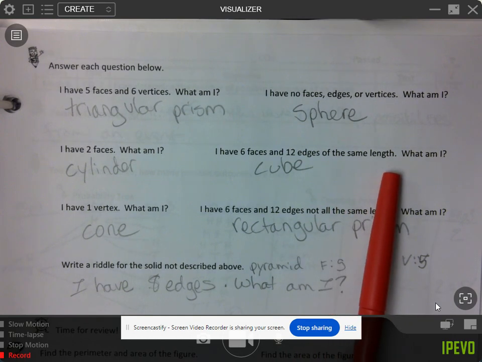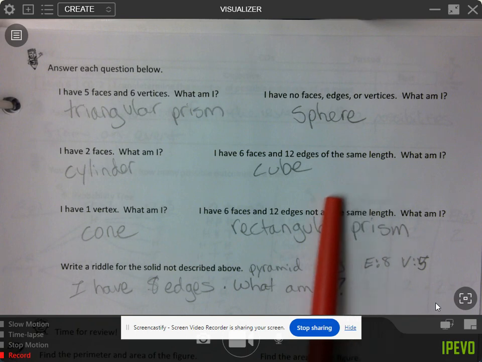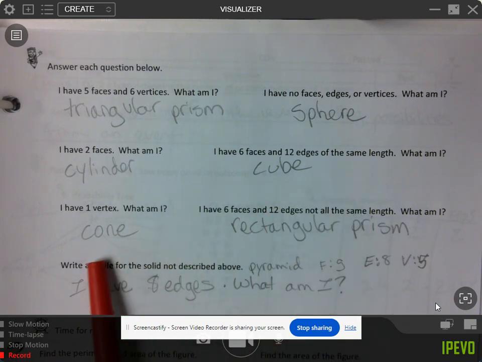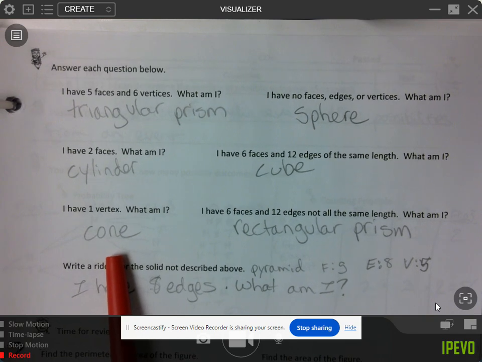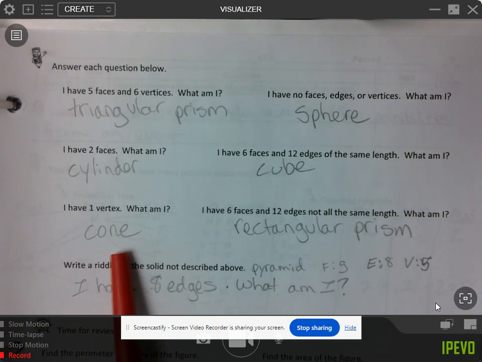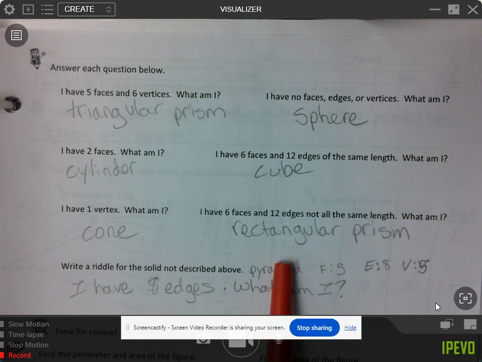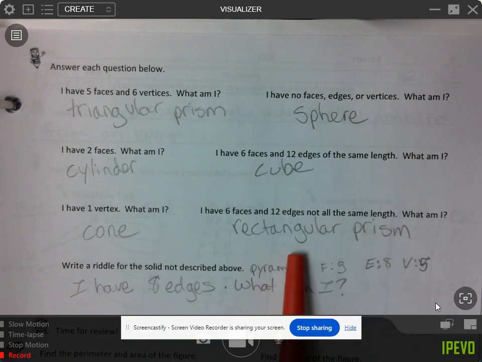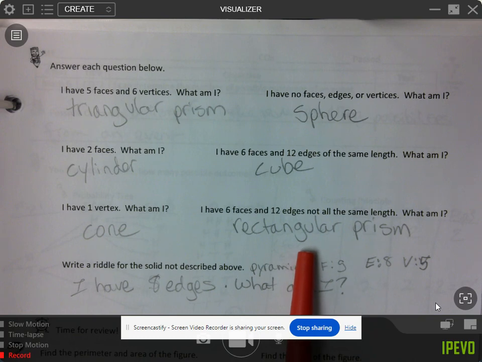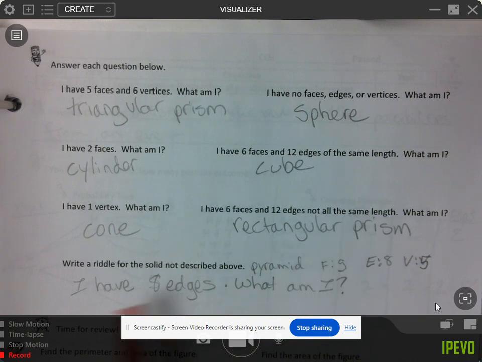So that means we know they are squares, and the squares make up a cube. I have 1 vertex, would be a cone. Okay, that corner that's at the very top. I have 6 faces, 12 edges, not all the same length, would be a rectangular prism, because we have some long sides and some short sides.